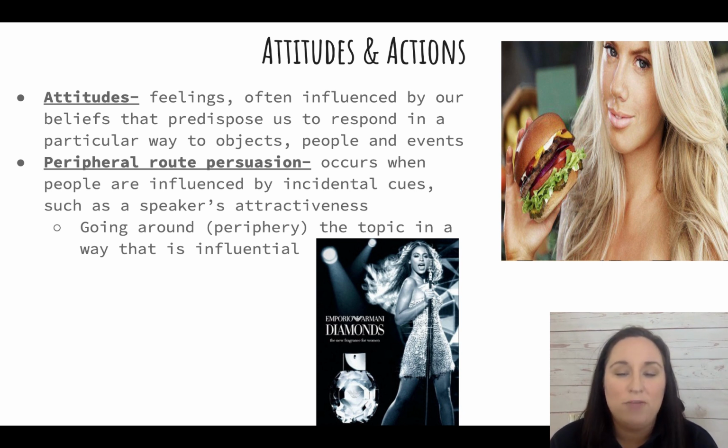One way our attitudes can be influenced is the peripheral route. This is peripheral route persuasion, when we're influenced by incidental cues, like Beyonce selling something, and we want it because Beyonce uses it, or we've seen her wear it, or we see her in an advertisement, right?